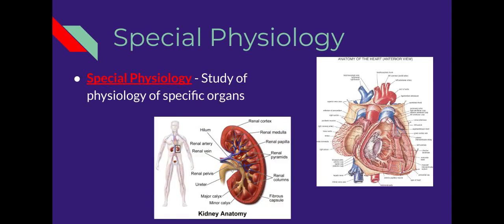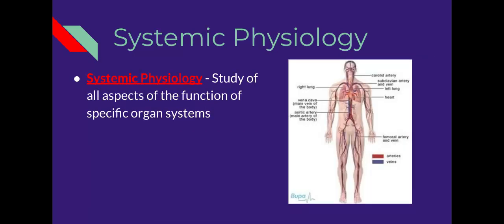Next one is special physiology. Special physiology is the study of physiology of specific organs. So you need to remember that special goes with specific organs, and special and specific both start with the same letters, so maybe that's a way to remember. In the picture here, we have a picture of the kidney, which is an organ in the urinary system, and then we have a picture of the heart, which is in the cardiovascular system. Next one is systemic physiology.